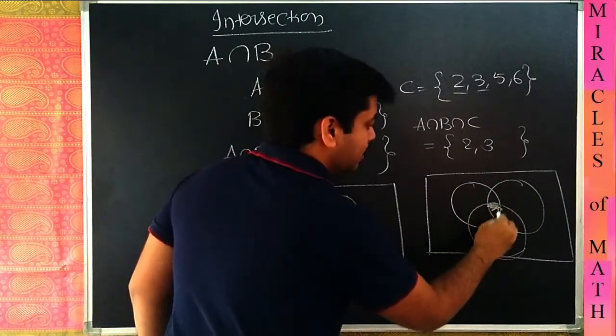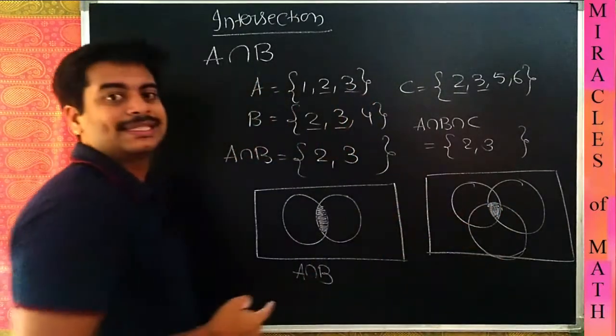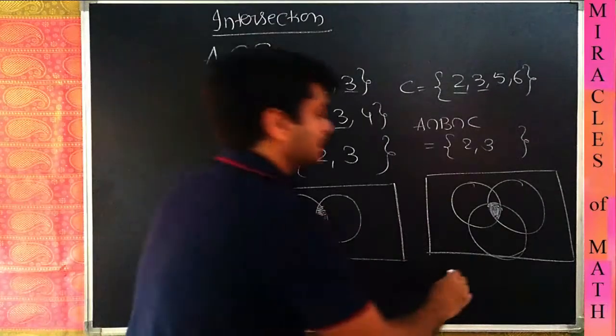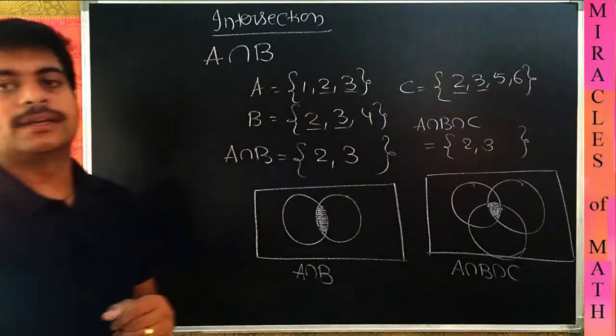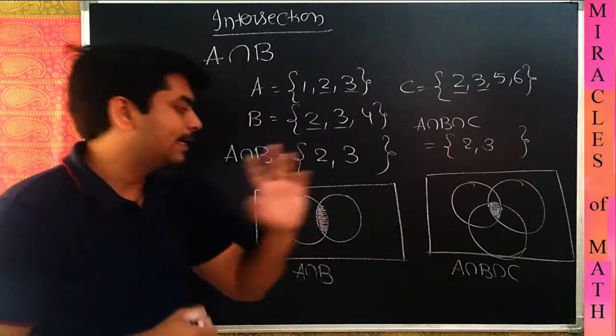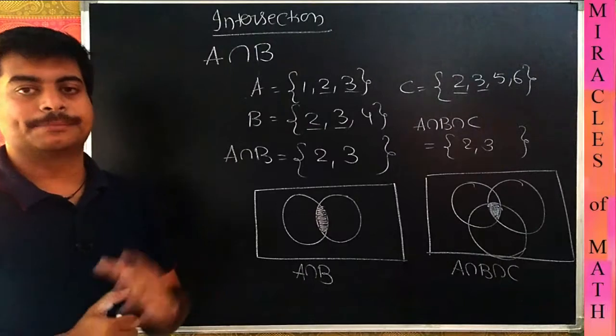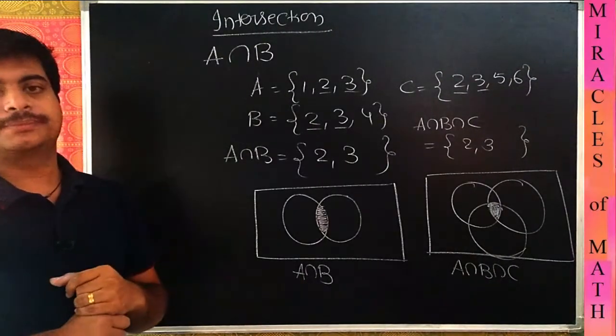This is the common region for all 3 circles. Circle A is there, circle B is there, circle C is there. So this is the intersection for A intersection B intersection C in Venn diagrams. This is about intersection of sets.